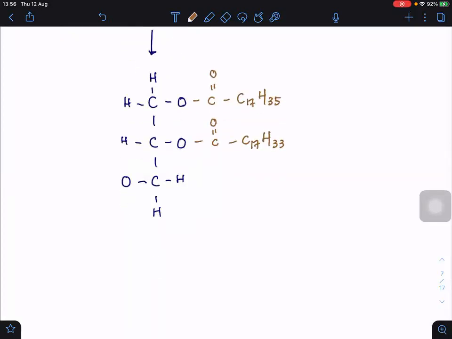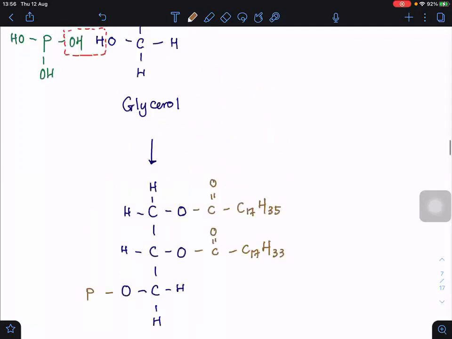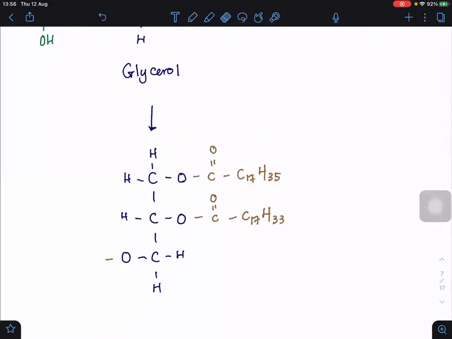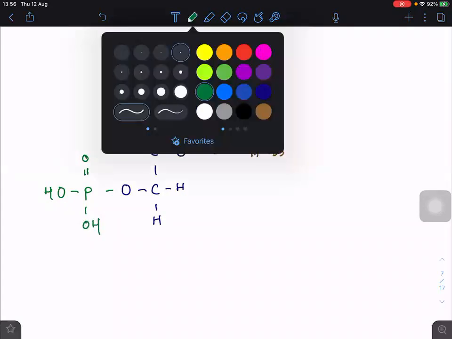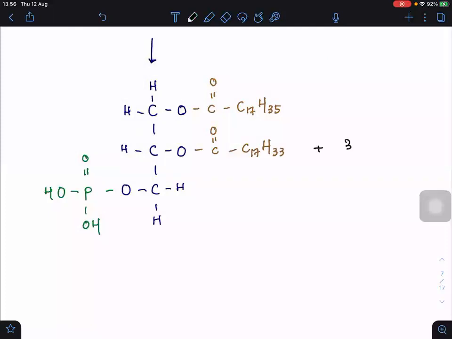And the last part here, you have the phosphorus, P, in green color, sorry: P double bond O, OH, OH. Don't forget, in this process we remove 3 water molecules. So the balanced equation has 3 water molecules here.